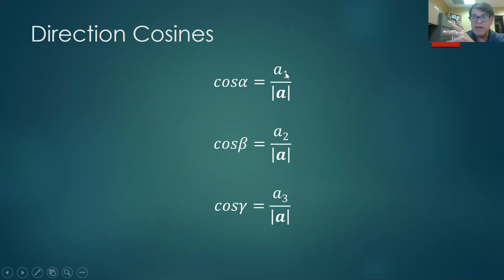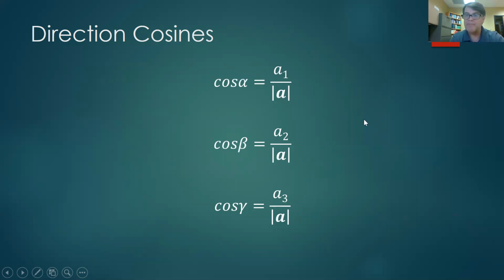Again, if you think of A1 as being kind of like an x component, and A2 as being kind of like a y component, and A3 as being kind of like a z component, then the cosine of these angles basically, it's again that adjacent over the hypotenuse. The bottom is the hypotenuse, right? And this is the adjacent. So each of these is the adjacent over the hypotenuse, as it were.